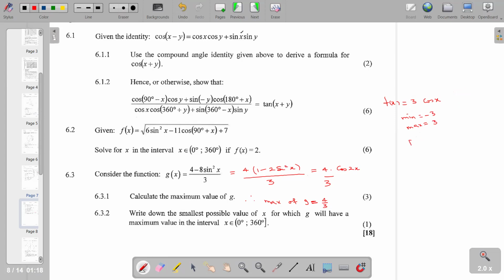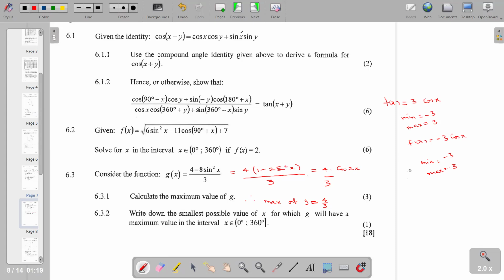If you are given that your f(x) is equal to negative 3 cos x, our minimum was going to be just negative 3, then our maximum was going to be positive 3. So this coefficient of the ratio tells us about the minimum and the maximum.